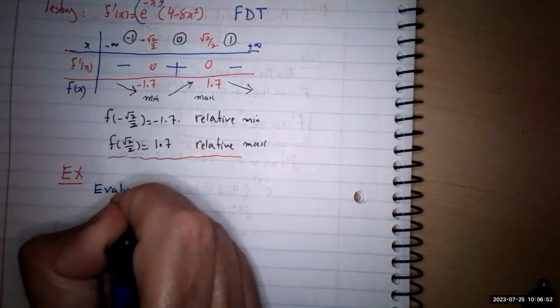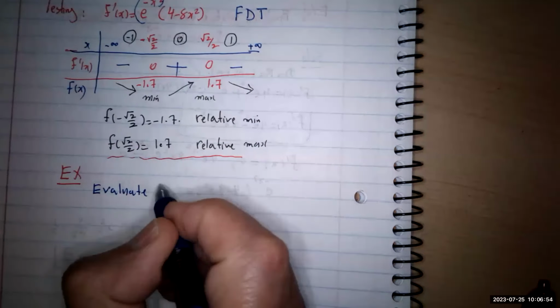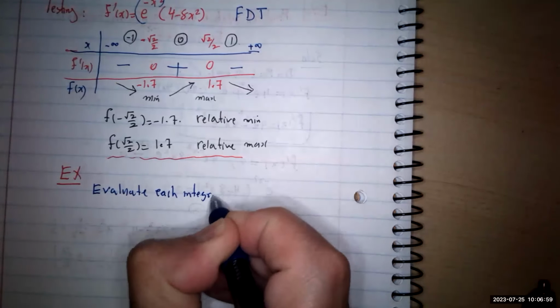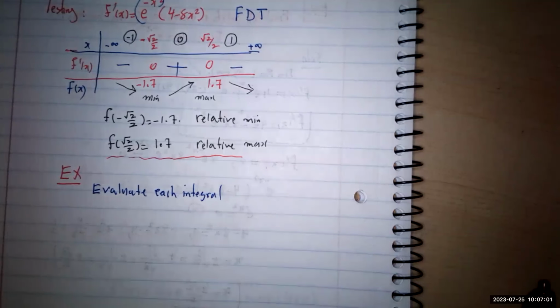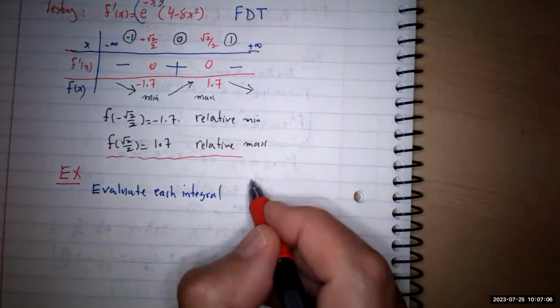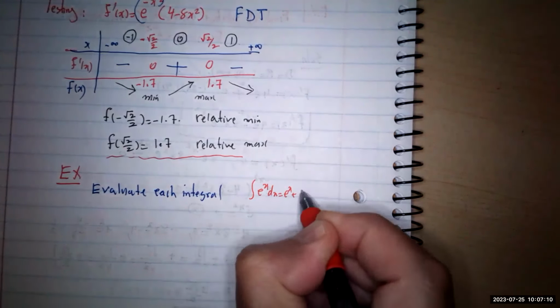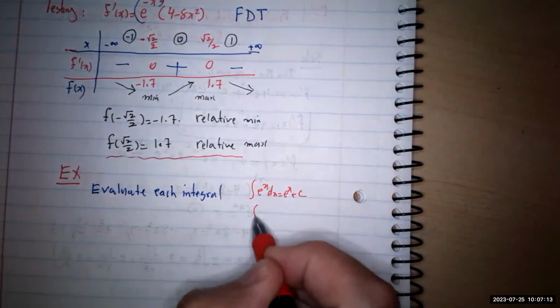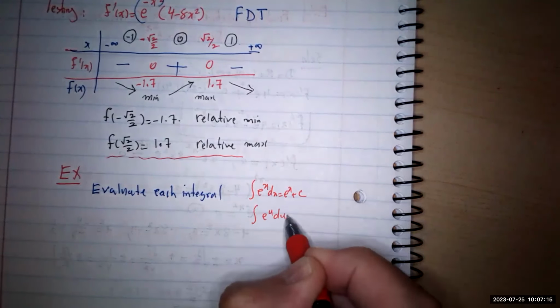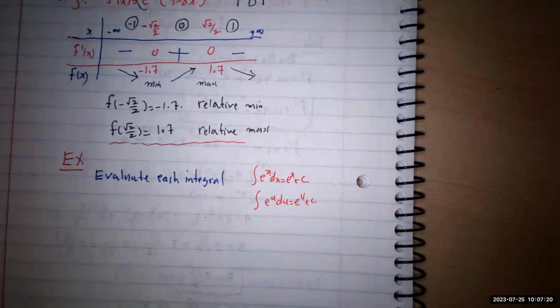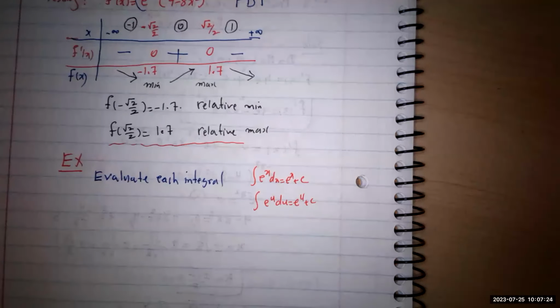Evaluate each integral. Just, you know that the only formula that you need is this. Integral of e to the x dx is just e to the x. And integral of e to the u du, exponential function never change. You see, that's it. So there are not going to be very different possibilities.